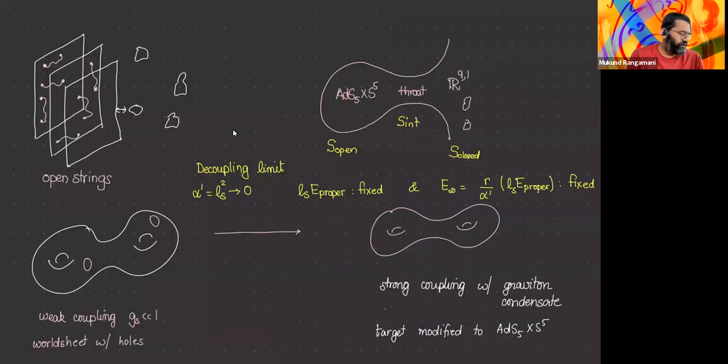And it seems correct to say that the dynamics of the massless sector of open strings on the D3 branes is governed then by the physics of closed strings propagating on AdS5 x S5.